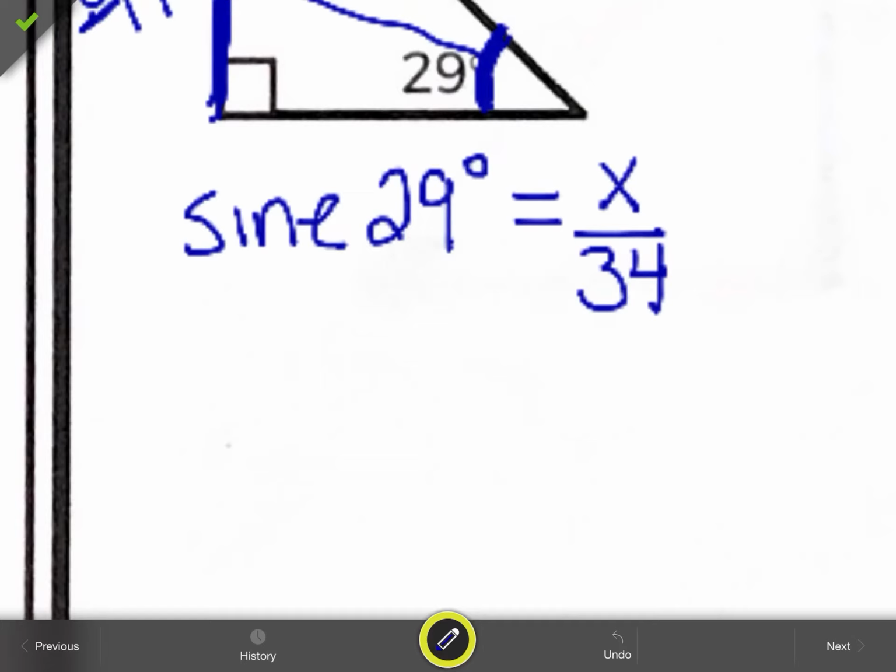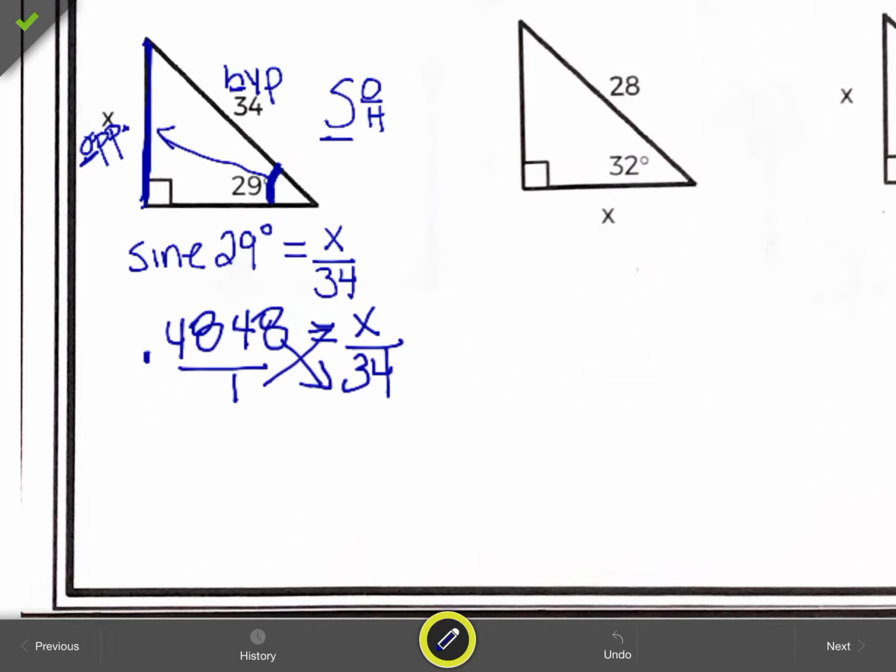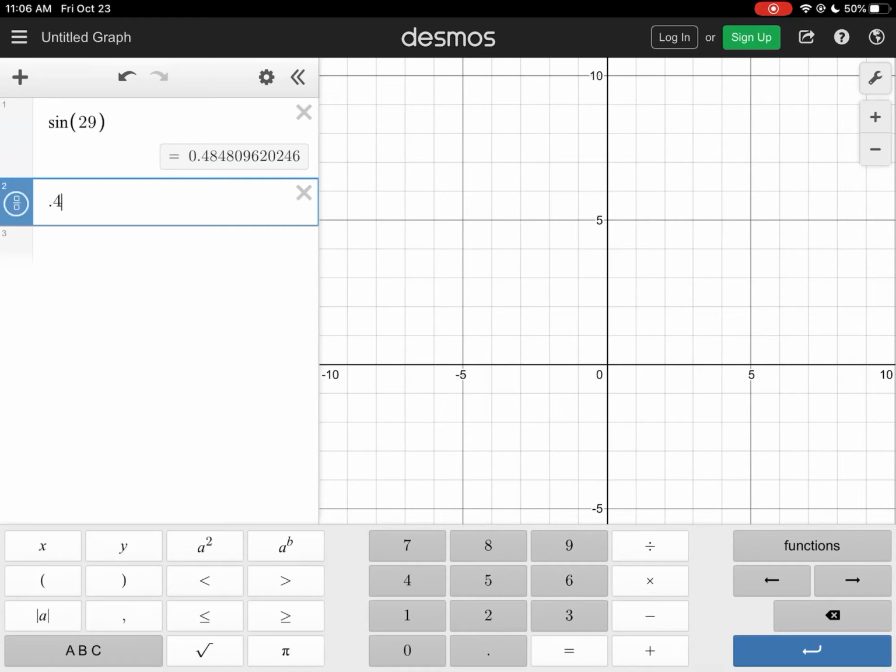Now, how do we get rid of fractions in algebra? You basically put this over 1 and cross multiply. Once we get rid of the word sine, and we did that by using Desmos, you just put it over 1, cross multiply. 1 times x, 1x, or x. 0.4848 times 34 is 16.4832.